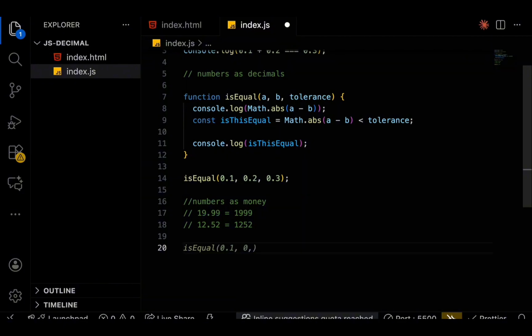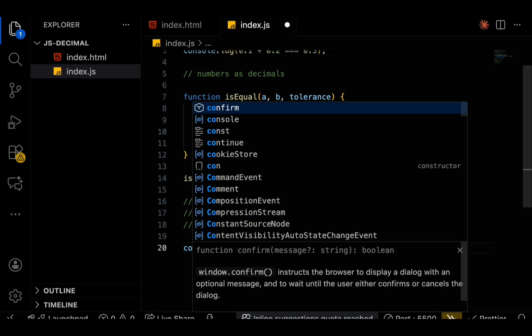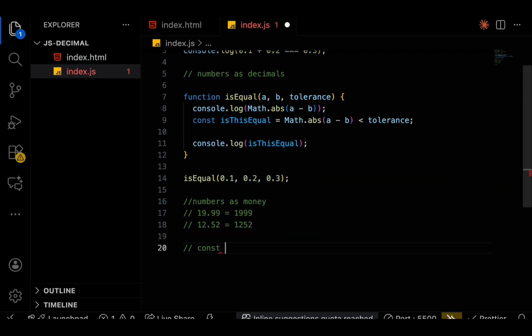And when you want to convert it back from cents to dollar, all you just need to do is to say const actual figure equal to, so let's assume this is our cent now.